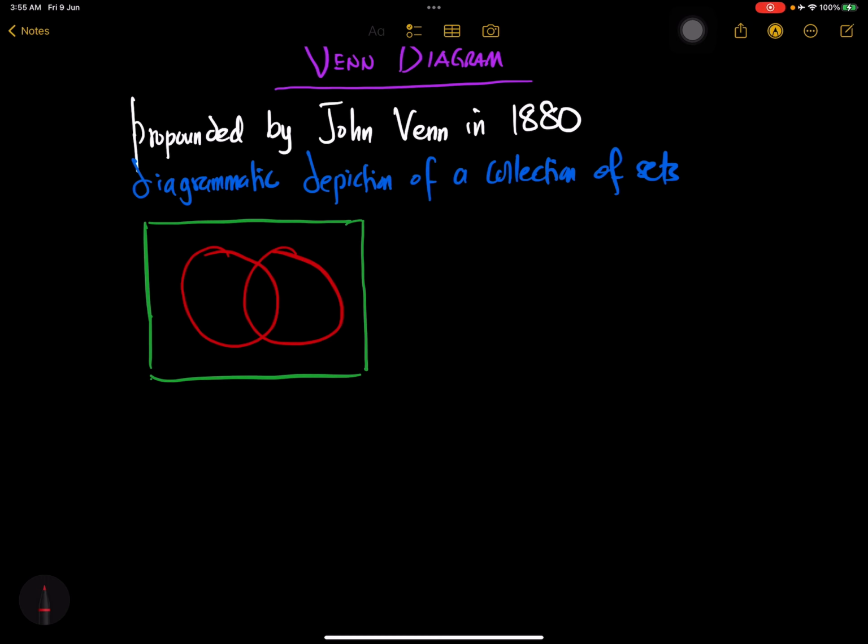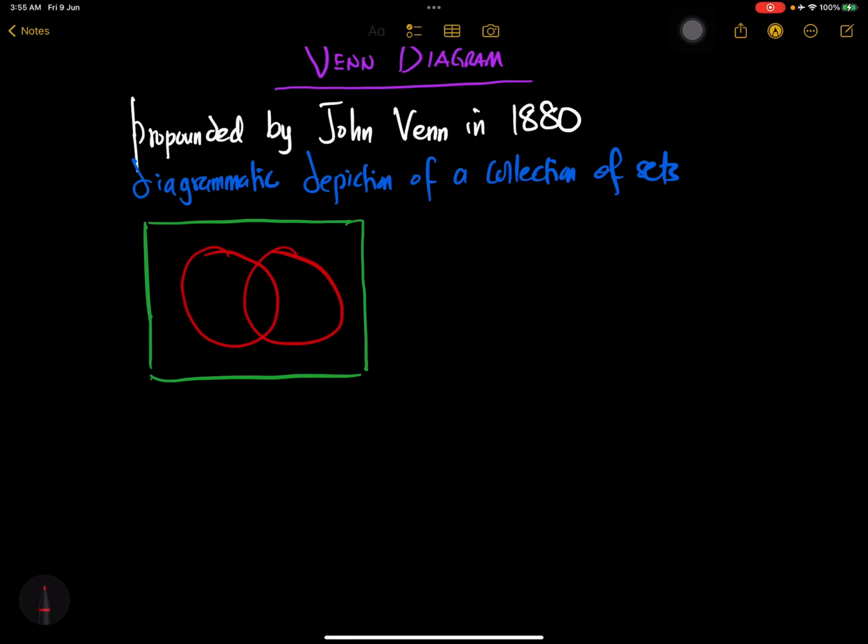So that's how a Venn diagram looks. It was propounded by John Venn in 1880, and it is usually of the form of a rectangle with a collection of sets inside of it.